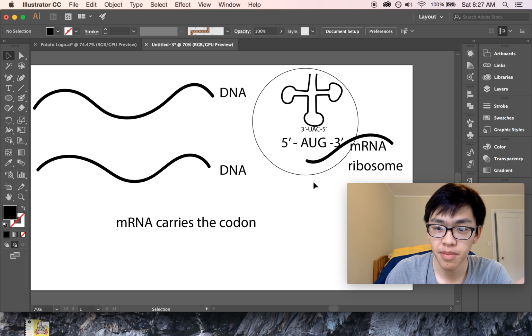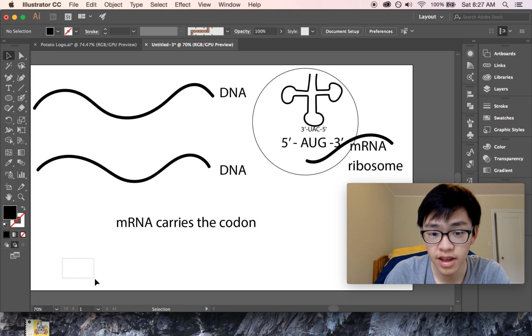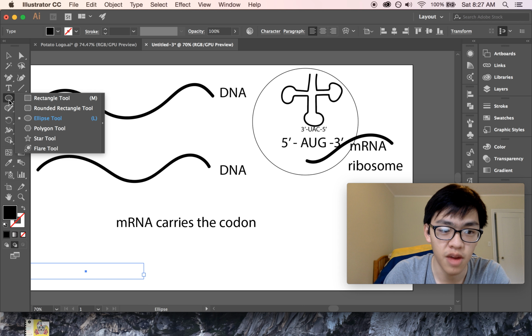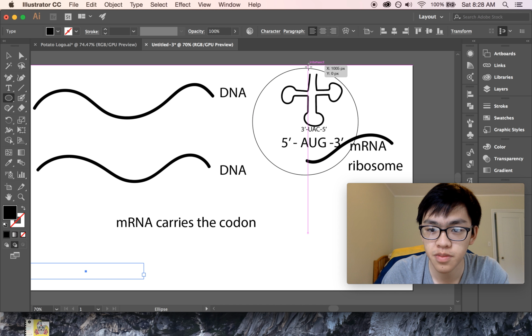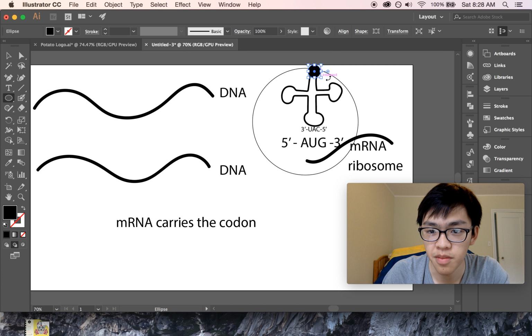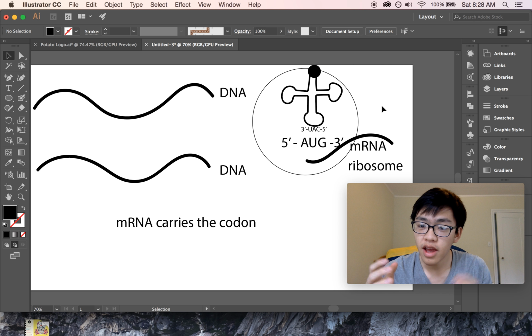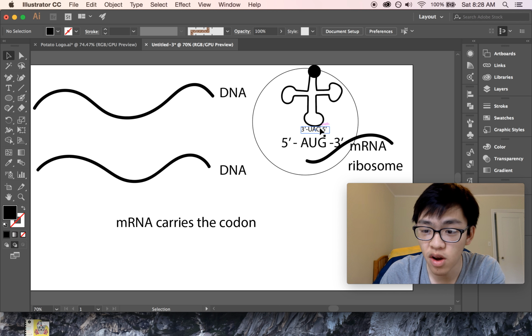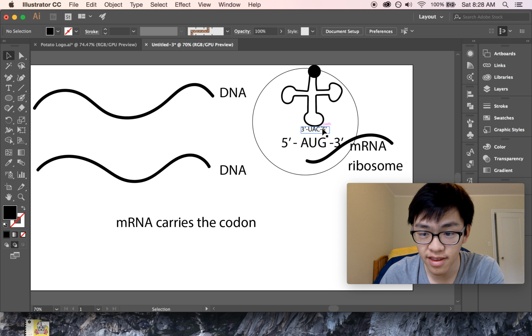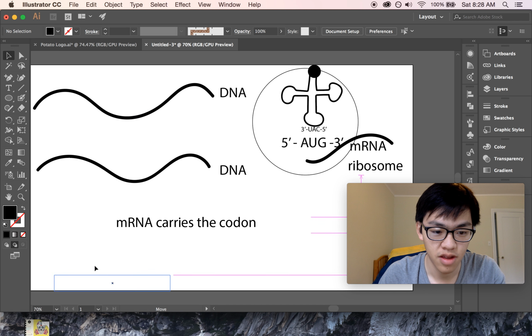Now, as we start the peptide synthesis, this tRNA here is going to carry the methionine. So I could designate that with a little bubble at the very top, that's our methionine there. Now, when the mRNA AUG binds to the anticodon on the tRNA, note the anticodon on the tRNA, so I'll label that too.